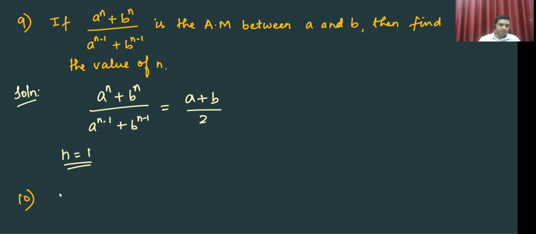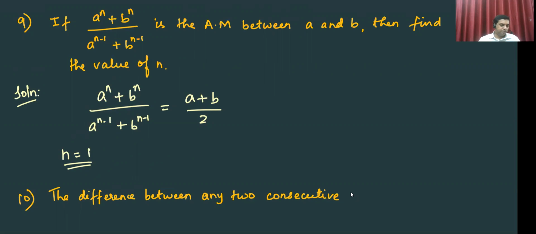Last problem for today. The difference between any two consecutive interior angles of a polygon is 5 degrees.